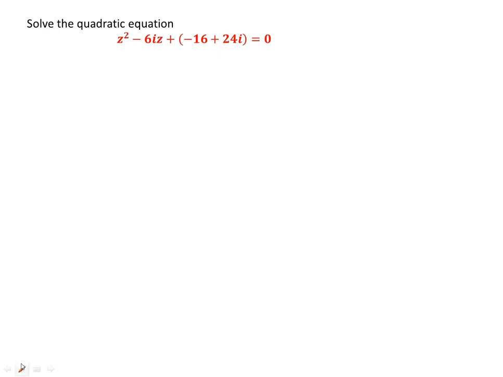So if we use the formula, we've got a equals 1, b is minus 6i, and c is minus 16 plus 24i. So z must be minus b plus or minus the square root of b squared minus 4 times a times c, divided by 2a.